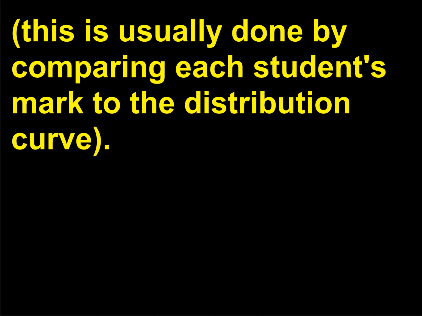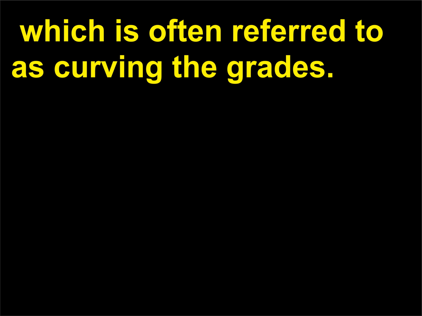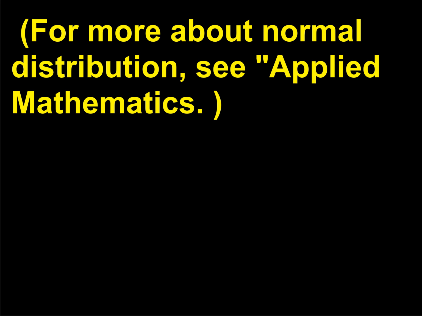This is usually done by comparing each student's mark to the distribution curve. The teacher then decides where to cut off the passing and failing marks, which is often referred to as curving the grades. For more about normal distribution, see Applied Mathematics.